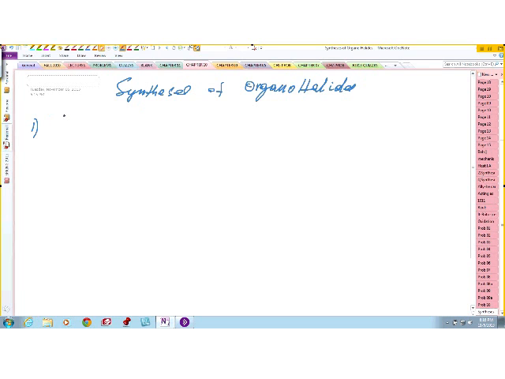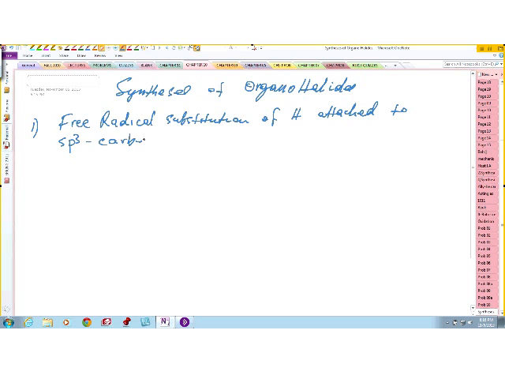So one, you have the free radical substitution of hydrogen attached to sp3 carbon. That is very important.